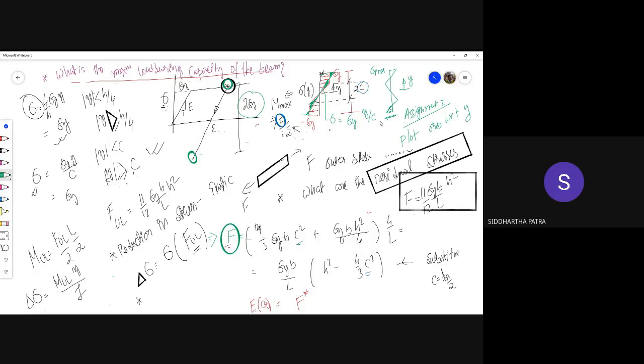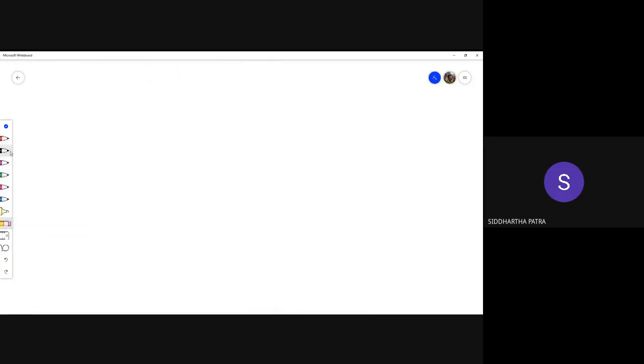But there is one more thing I would like to talk about. We just talked about having F star, which is the load bearing capacity. So what happens to the beam? We also talked about that the beam loses its stiffness. Now, what sort of stiffness?